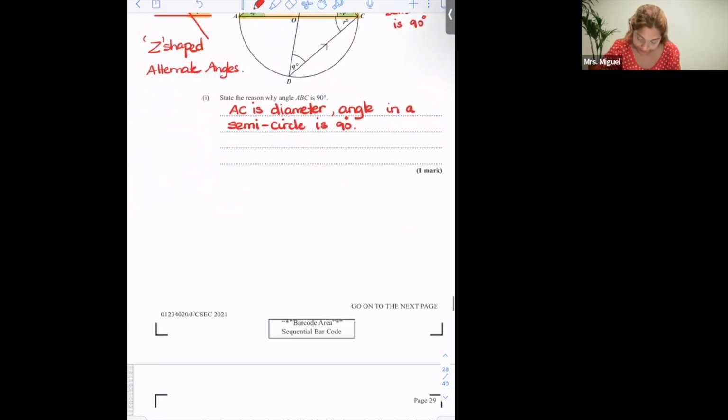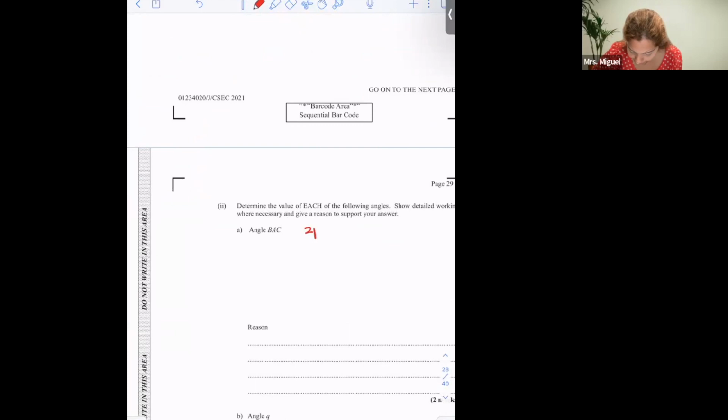So let's do that. 2P plus 3P is equal to 90 degrees. So 5P is equal to 90 degrees. How much is P? Well, we divide both sides by 5.